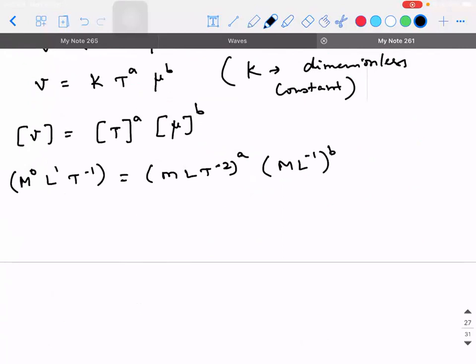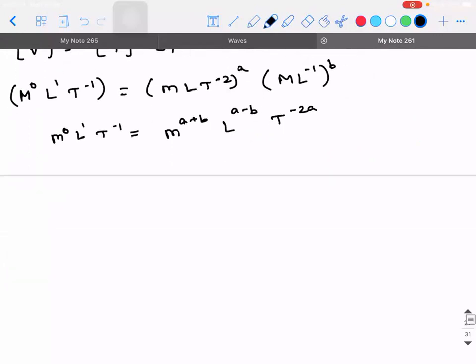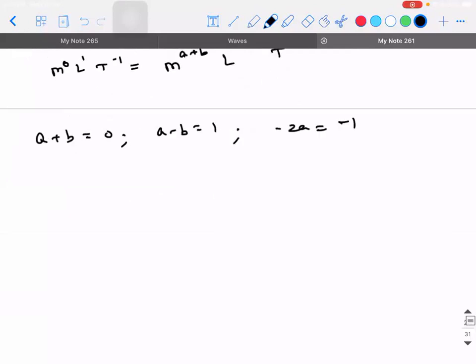Any doubt in this? No, sir. Okay. Now our work is to collect all the terms and then compare. So M to the a plus b, L to the a minus b, T to the minus 2a, equals M0 L1 T minus 1. So a plus b is 0, a minus b is 1, minus 2a is minus 1.